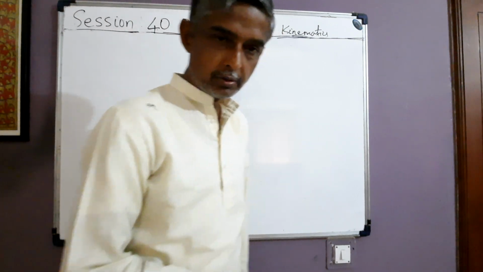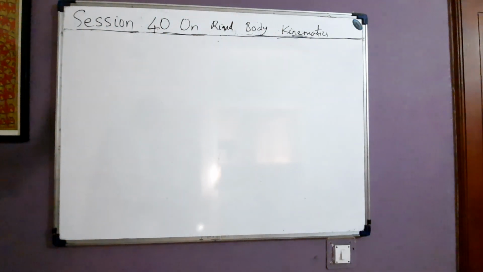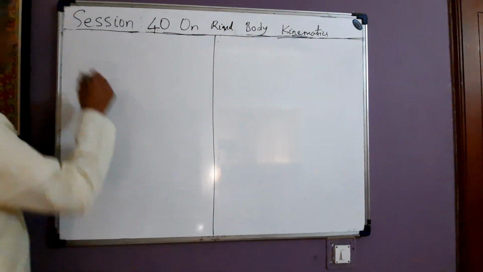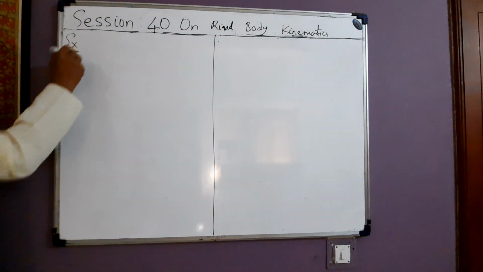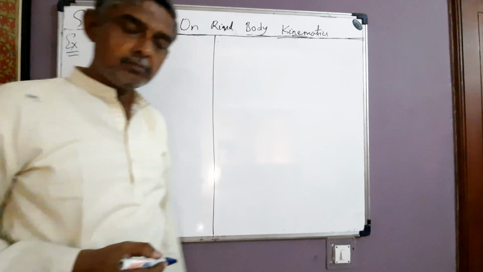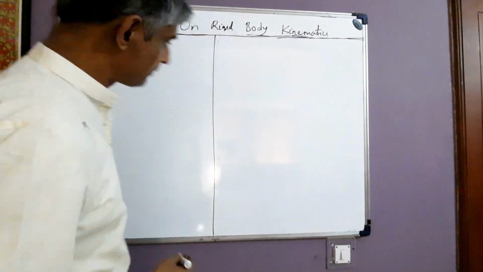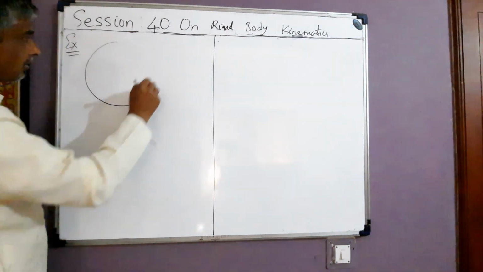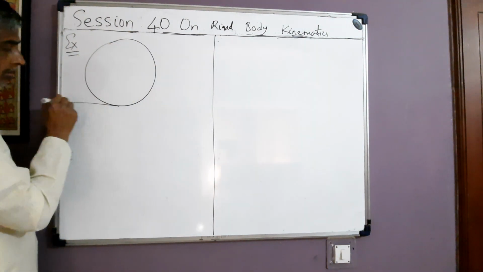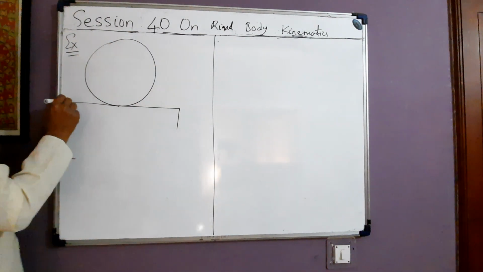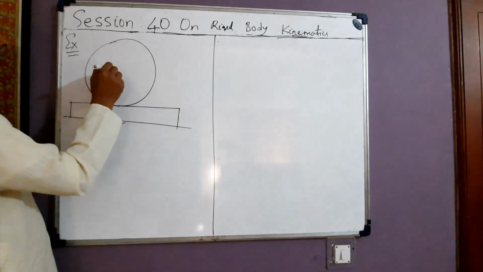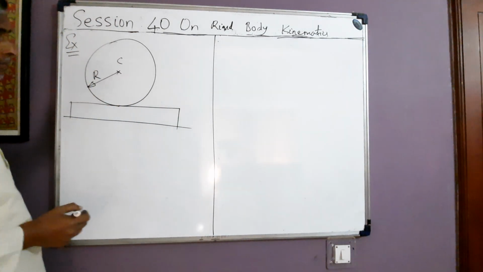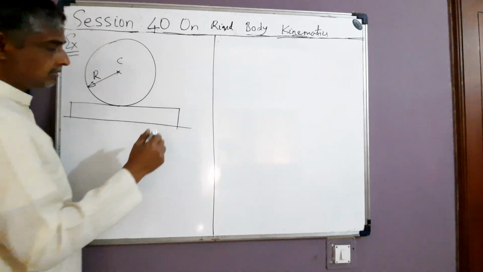I'll write down the problem here. I'll draw the diagram in which all the details are given. So the problem is this. This is a side view of a circular drum. C is the center of the circular drum whose radius is R. This is a translating plank.